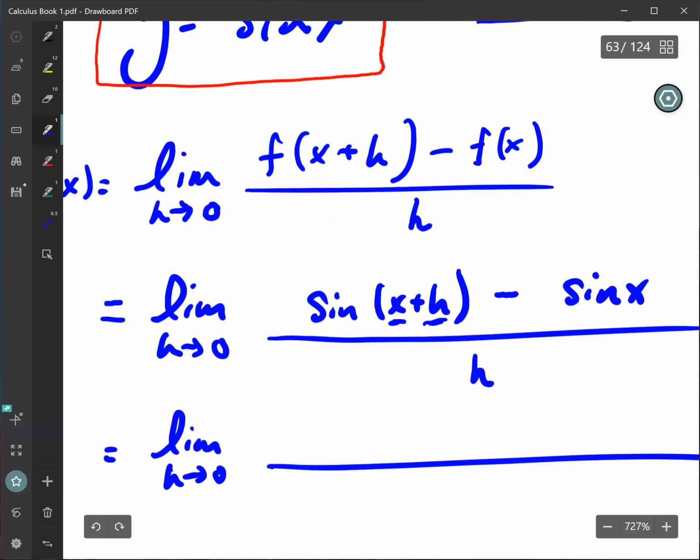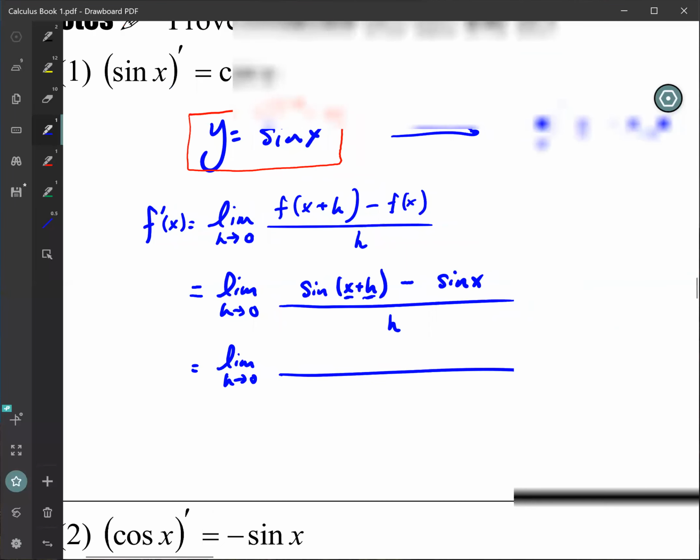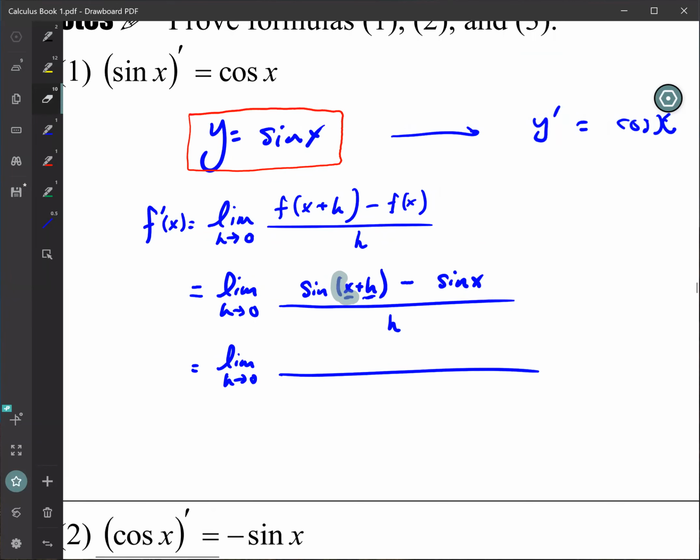This is called a composite angle. Do you remember how to use it? It's sine A cos B plus cos A sine B. Yes. In this case, it's sine x cos h plus cos x sine h. I'm going to leave that to everybody. Can you raise your hand once you fill in the sine cosine?